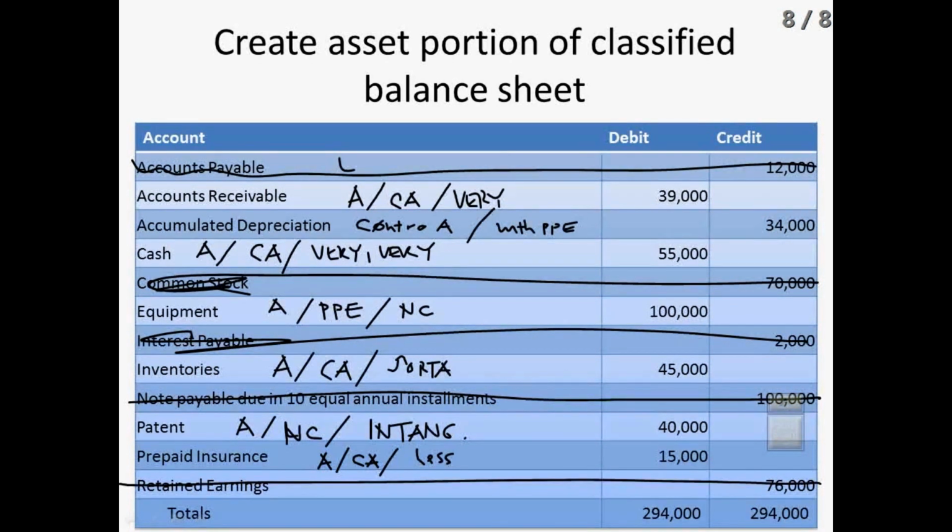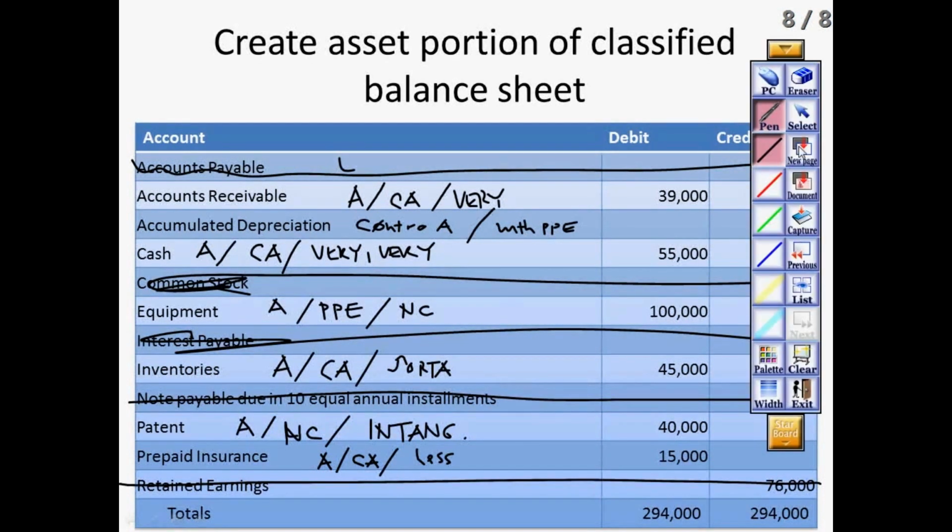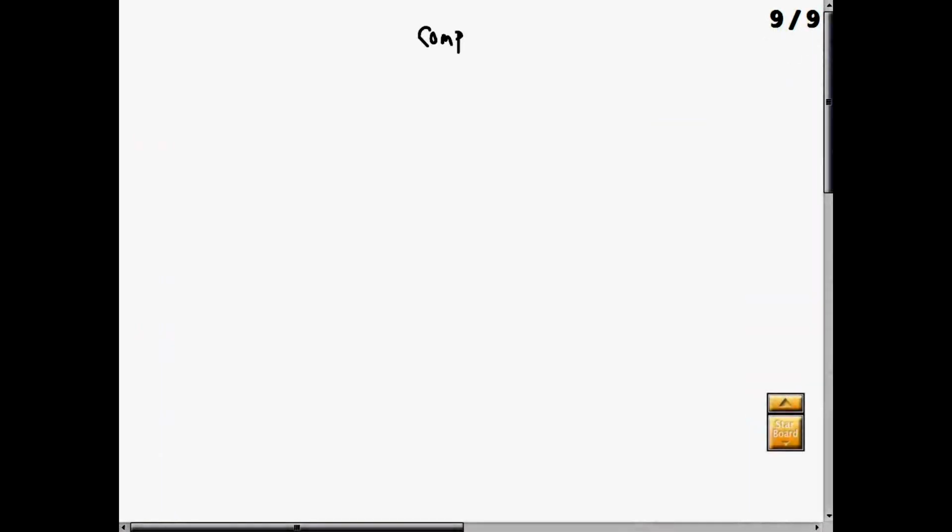So let's just put all our stuff in order. Let's say we have the company name, as of 12/31, I don't know, let's make it 11. Balance sheet. What's another word that you might see for the balance sheet?